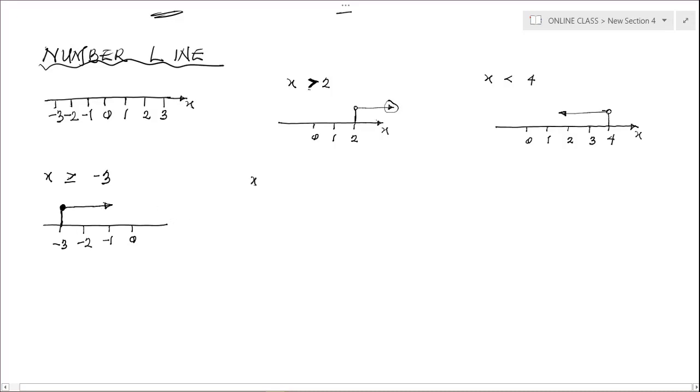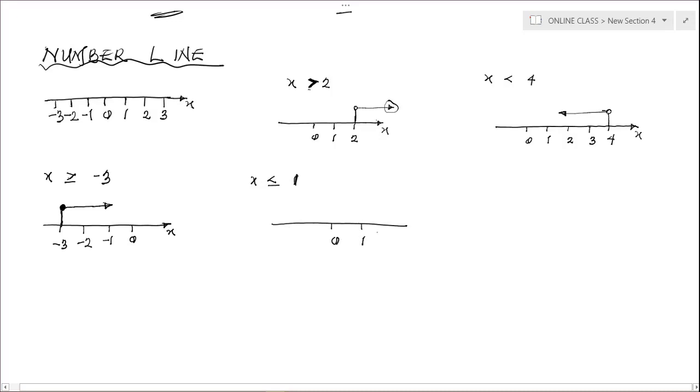Let's say we now have x is less than or equal to 1. Draw the line. X should be there. So we have our 0 here.